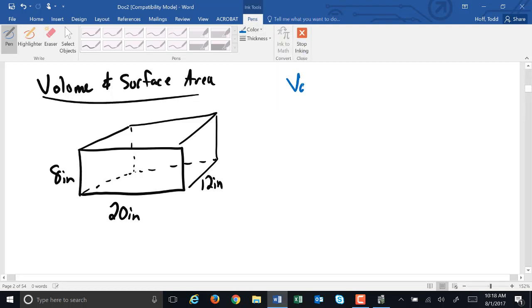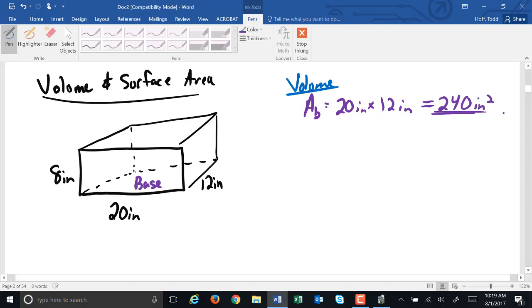Volume. I'm going to find the area of the base. The base, since it's a box, is just going to be the bottom. That's 20 inches by 12 inches, or 240 inches squared. So then for volume, what do I do to that?